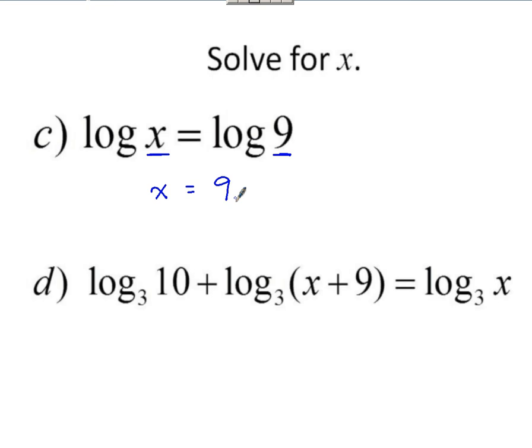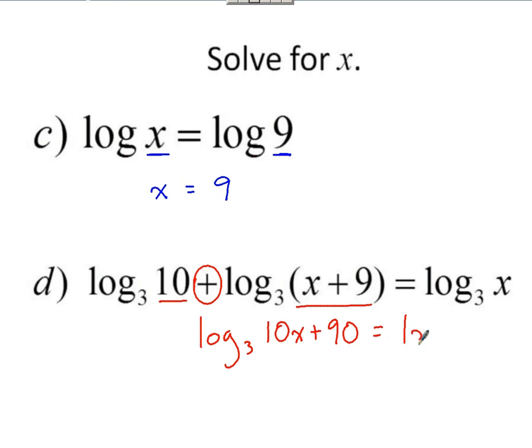Now in part D, you could do a little more work to try to create a situation like we saw here in part C. You take this addition, put the logarithms together as a single logarithm with a base 3. Because of the addition, we would multiply the 10 and the x plus 9, so you could distribute the 10 through, make that 10x plus 90.